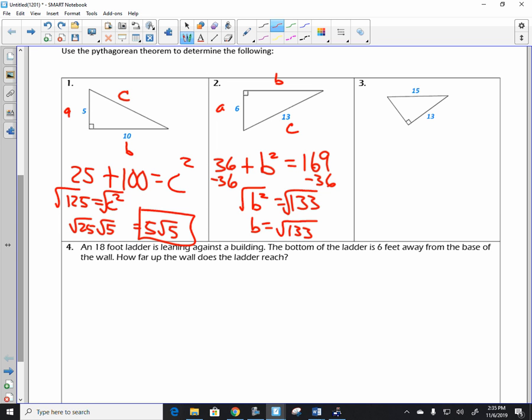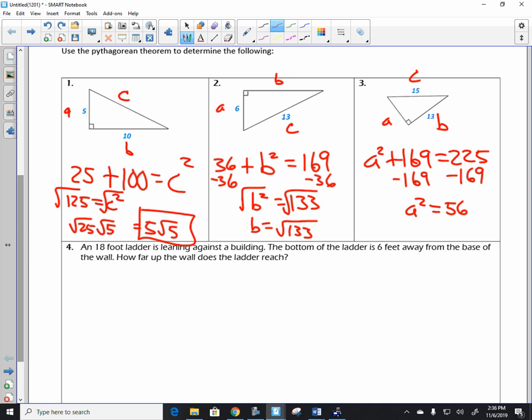And this one, C is going to be which side? 15. So we have A and B. So A squared plus 169 is equal to, what is 15 squared? 225. Subtract the 169. 56.